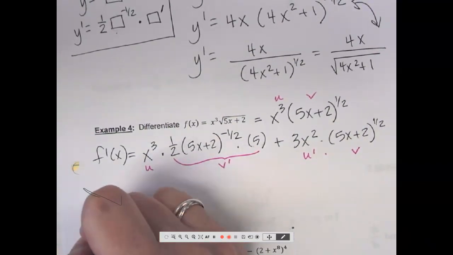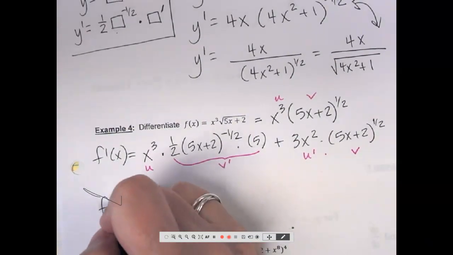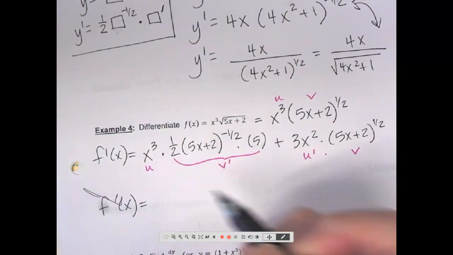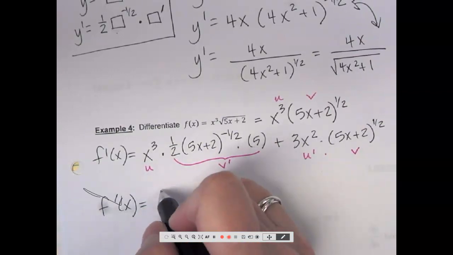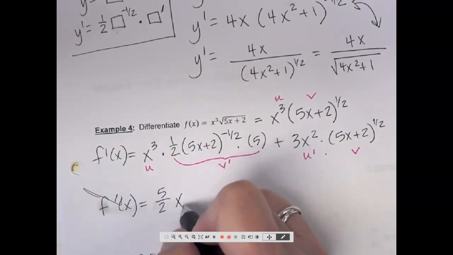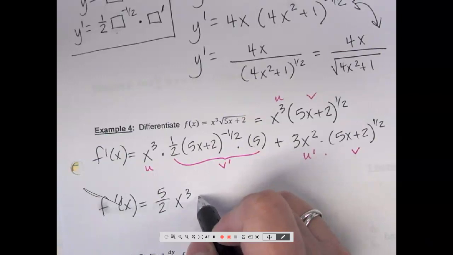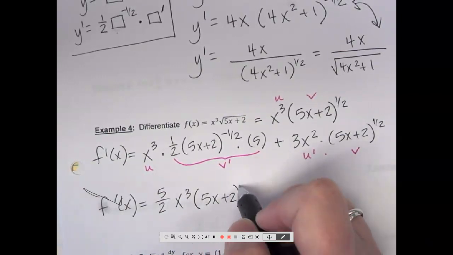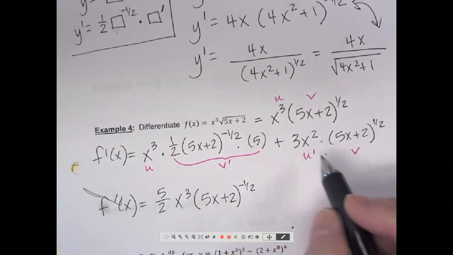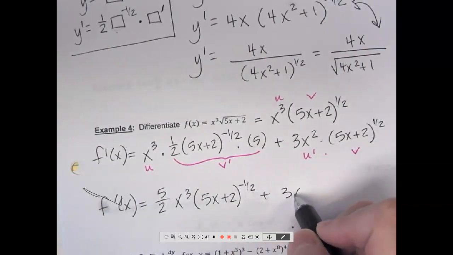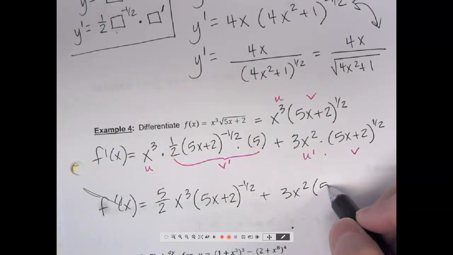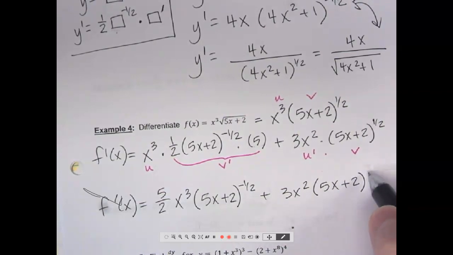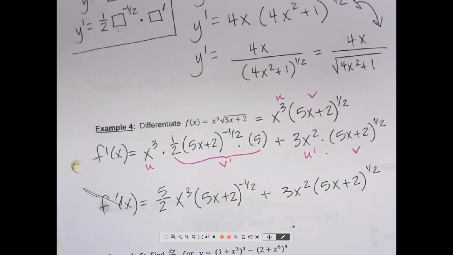I'll do that, but I'd be fine if you stopped at that step. Okay, so let's make this 5/2 x cubed times 5x plus 2 to the negative 1/2 plus 3x squared times 5x plus 2 to the 1/2.